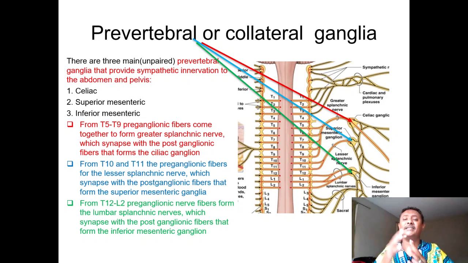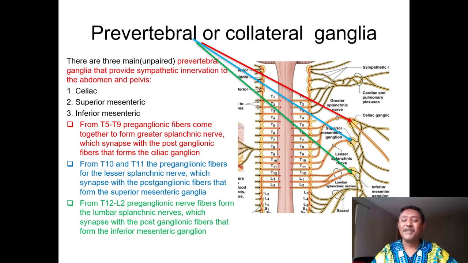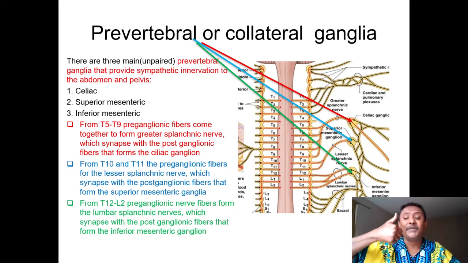Pre-vertebral or collateral ganglia are three, right? Celiac, superior mesenteric, and inferior mesenteric ganglia. What about the preganglionic? Preganglionic for the celiac is coming from C5, C6, C7, C8, T5, T6, T7, T8, T9, right? And what about the superior mesenteric ganglia? It's coming from T10 and T11, right?